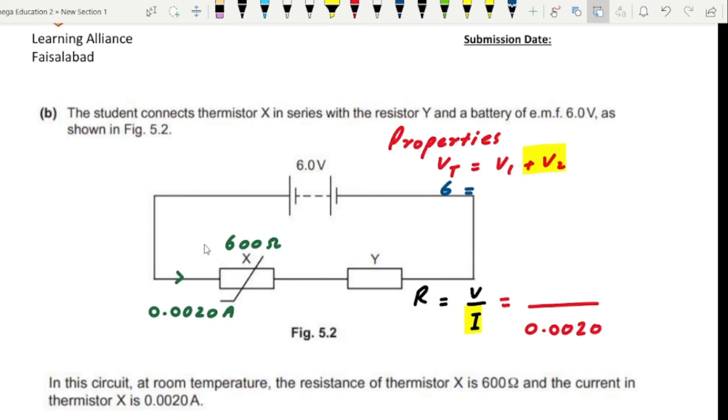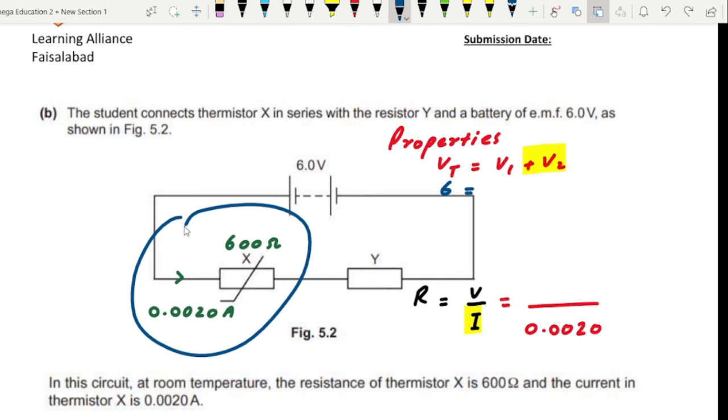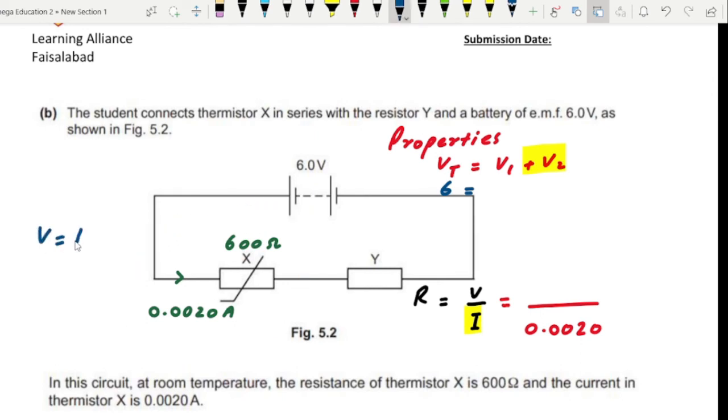How much voltage is going to be dropped across the component X? We can find it out once again using the famous equation V equals IR, the expression for Ohm's law. So V equals 0.0020 times 600, right? Then we can know the voltage across the component X. You hit it on the calculator and what do we get?